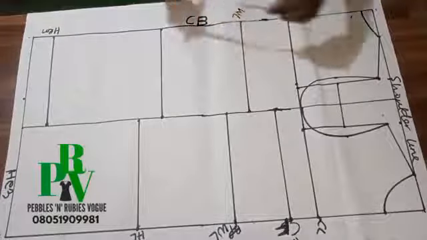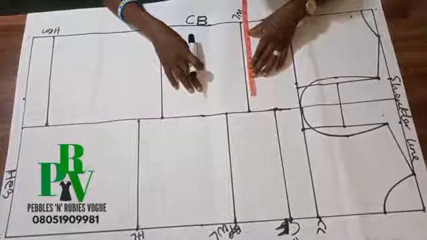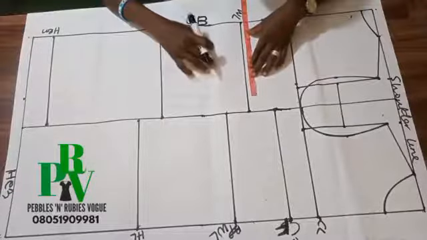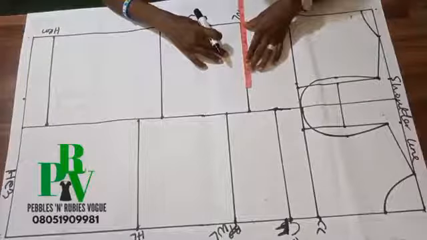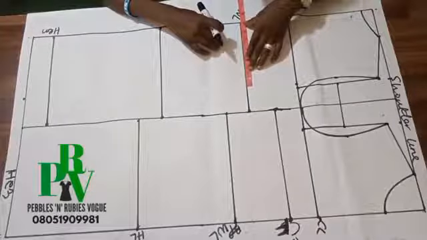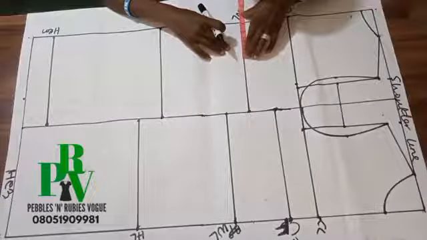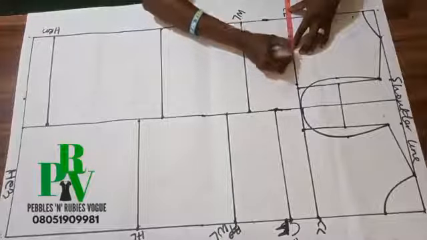The next thing is to mark the dart width, which is the bust span divided by 2. The bust span is commonly known as nipple to nipple, and the bust span I'm working with here is 8 inch, divided by 2 is 4 inch. So from my center back on the chest line, I'll mark 4 inch distance.